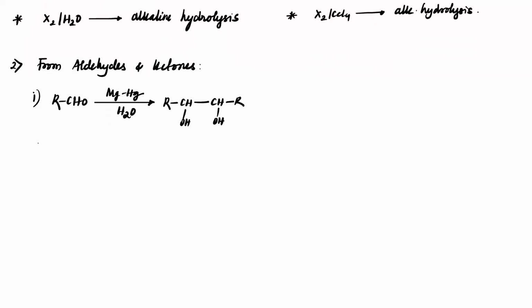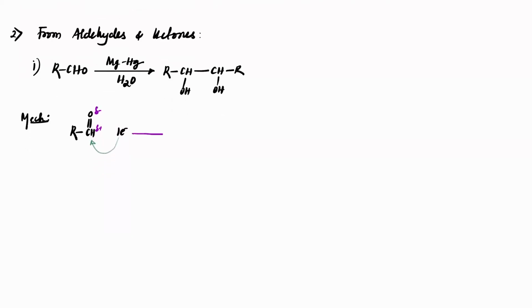See the mechanism here. It's a very simple mechanism. I have R, C double bond O and H here. Because this has sufficient delta positive and delta negative charge, an electron will attack the carbon, and the electron is coming from magnesium. That will make it R, C, O minus with a radical. Imagine the same reaction happening with two different moles.